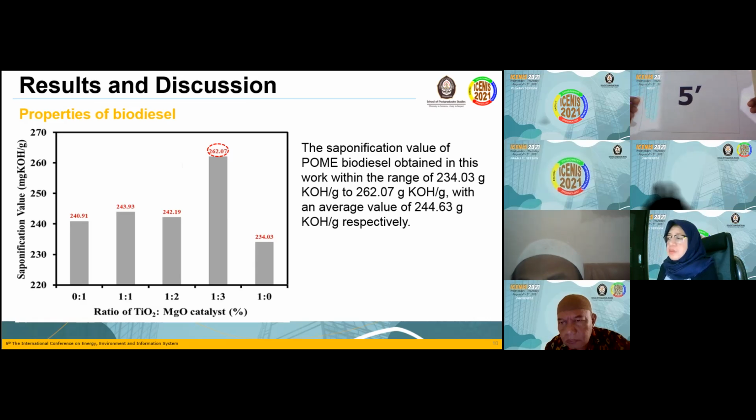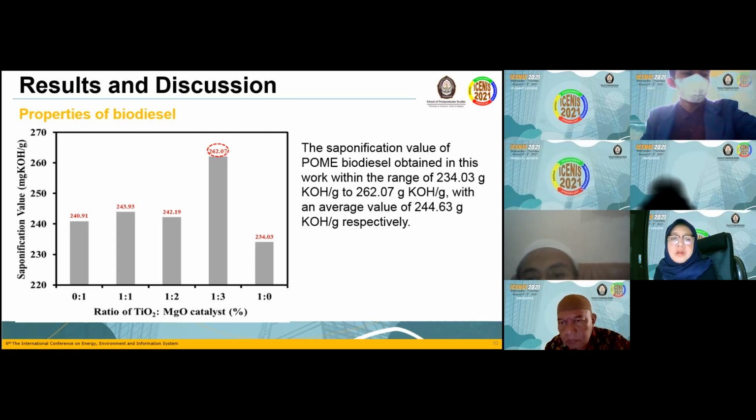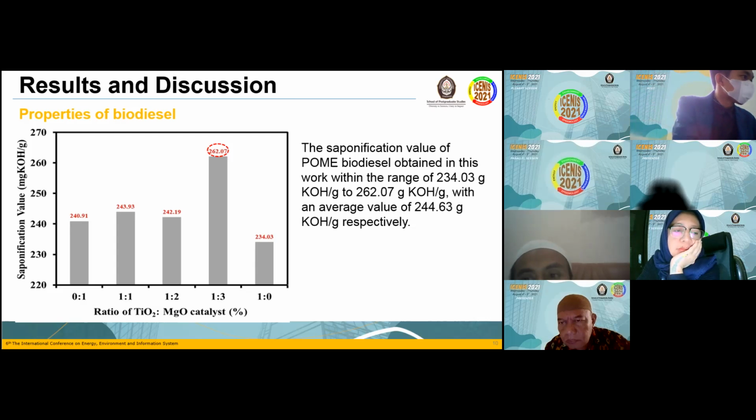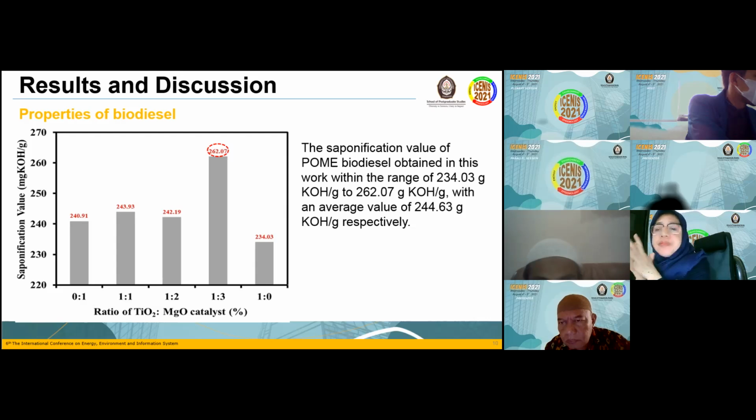The saponification value of biodiesel obtained in this mode was within the range of 234.03 gram potassium hydroxide per gram to 262.07 gram potassium hydroxide per gram, with an average value of 244.63 gram potassium hydroxide per gram.